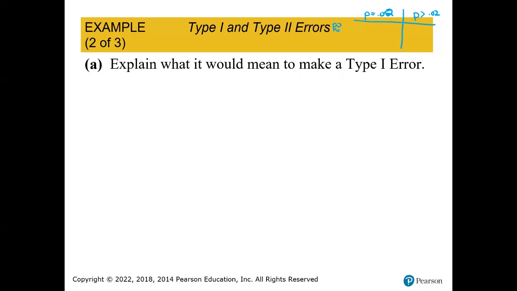This is do not reject. This is reject. So the type 1 is down here. The type 1 is when we reject the null hypothesis when we shouldn't have.